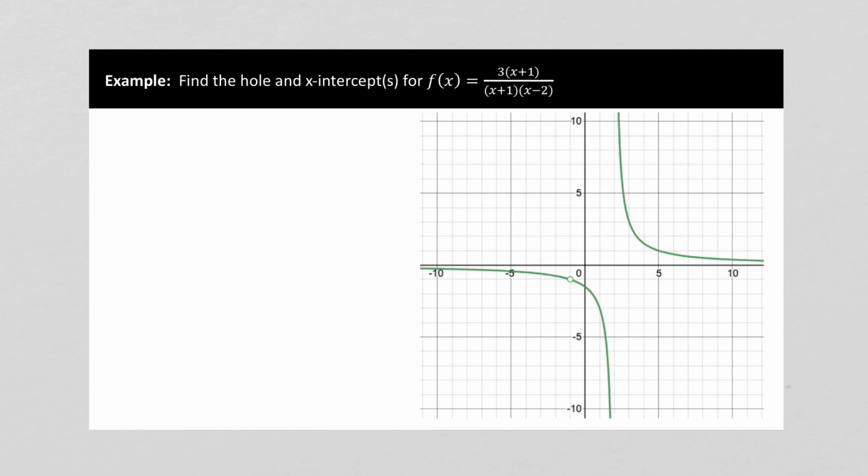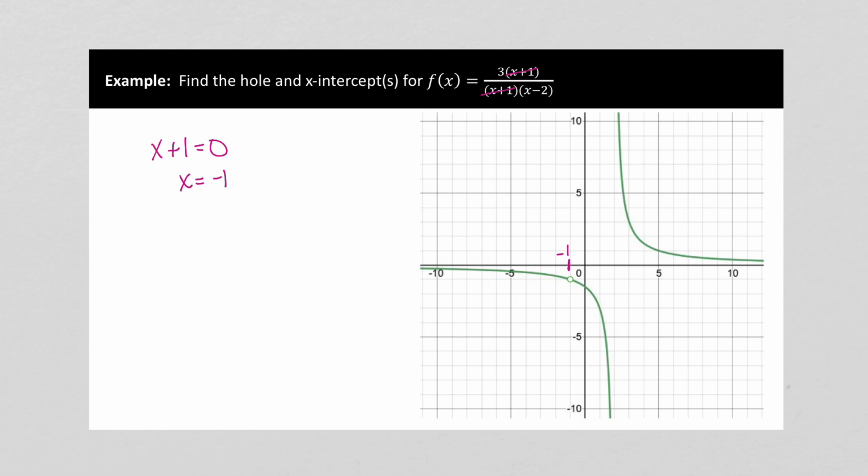So to find the hole algebraically, you make sure that your rational function is factored, and it is in this case. And if there's anything that will cancel, like this x plus 1, set it equal to 0. And x equals negative 1, as you can see right here, is where our hole is, where x is negative 1.